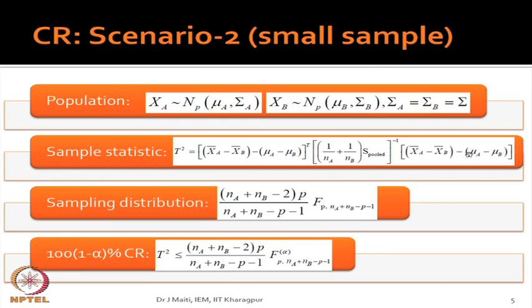In the single population case, there was an n at the beginning, then X bar minus mu. Here that part is coming as N A plus N B, because in the earlier case this is 1 by root n and then n you are taking to the other side.